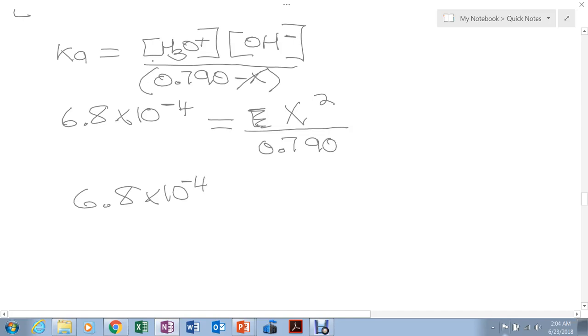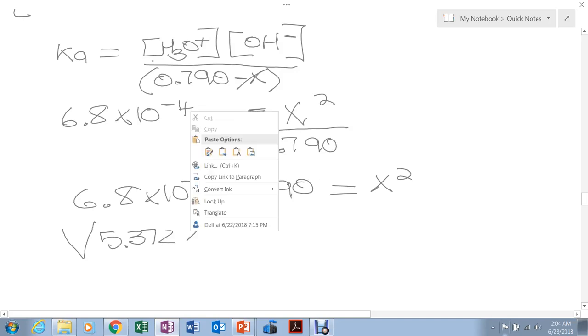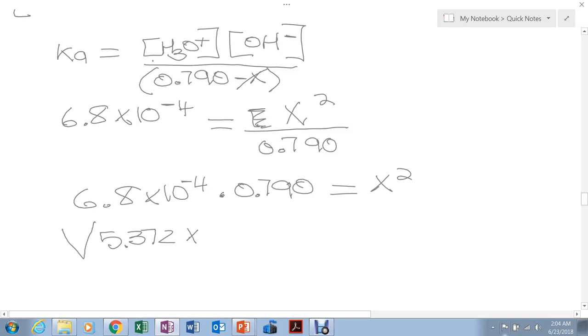We multiply 6.8 times 10 to the negative 4 by 0.790 on both sides, which equals x squared. Now we take the square root on both sides, and it's going to be 5.372 times 10 to the negative 4.